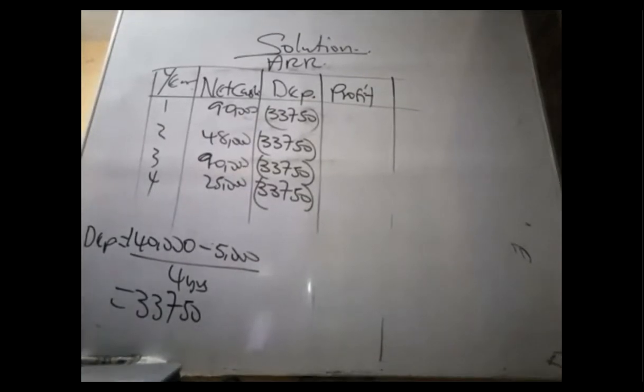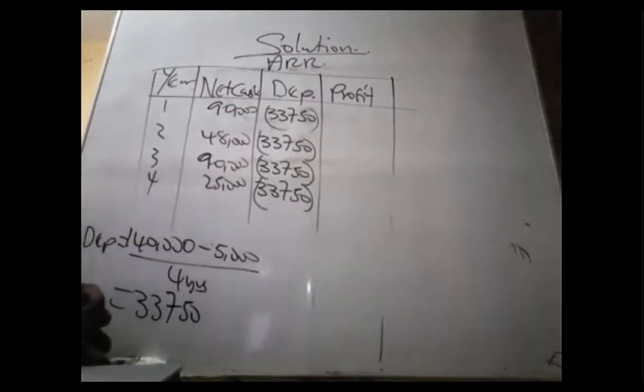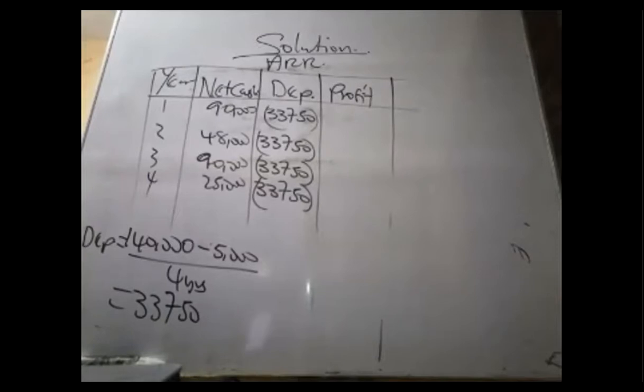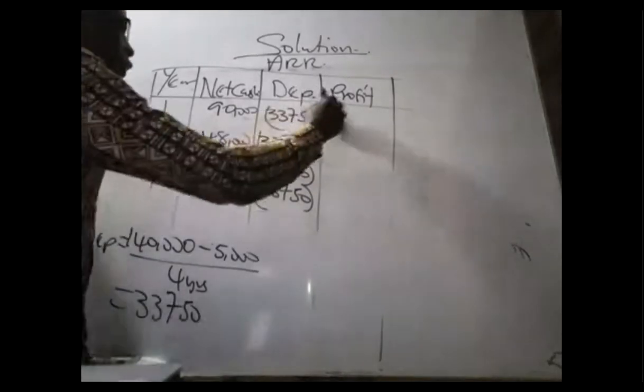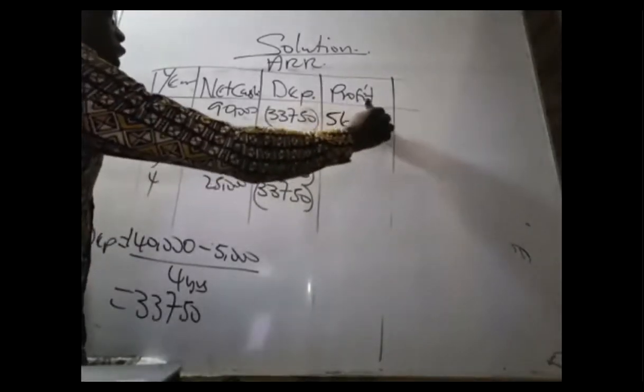What is the profit at each level? The first one, 90 minus 33,750. Any answer? Okay, so 90 minus 33,750 gives 56,250 for the first one.